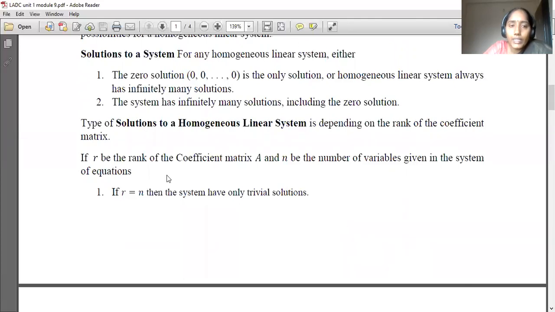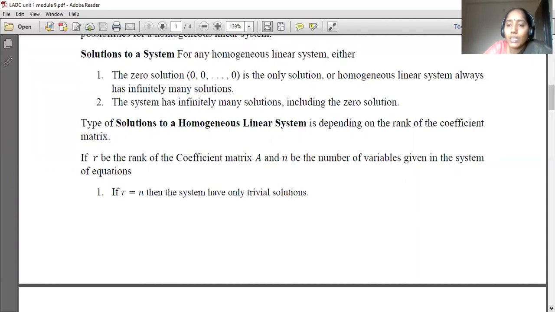Let r be the rank of the coefficient matrix and n be the number of variables, that means unknowns, in the system of equations. Let m be the number of equations. If r equals n, that means the rank of the coefficient matrix is the same as the number of unknowns, then the system has only the trivial solution.